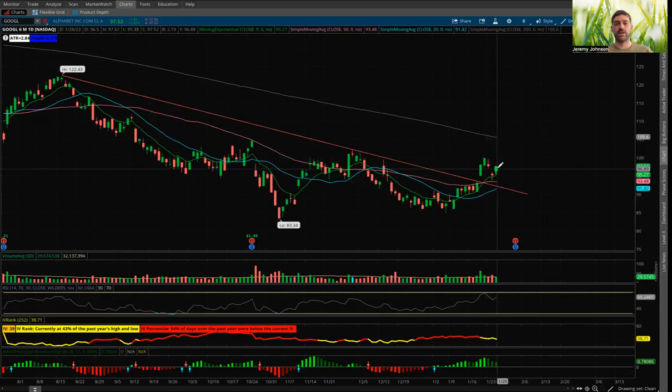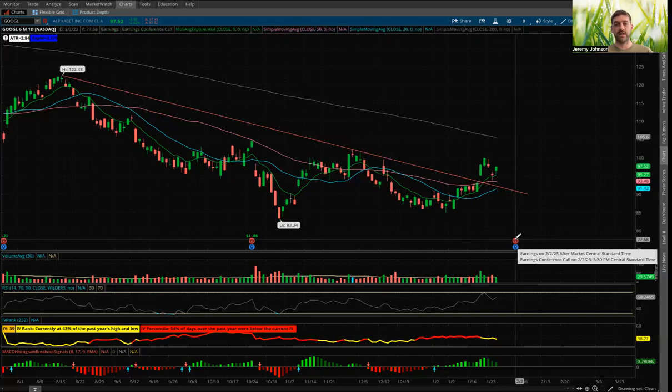First, and what I told him was, even though I love the technical conditions of this, and we do have a higher pivot low confirming on a lot of support with the diagonal resistance line and all of these moving averages underneath us, we do have earnings coming up. Earnings is coming up on February 2nd, so just shy of a week away here.